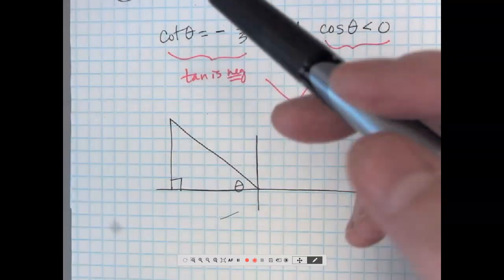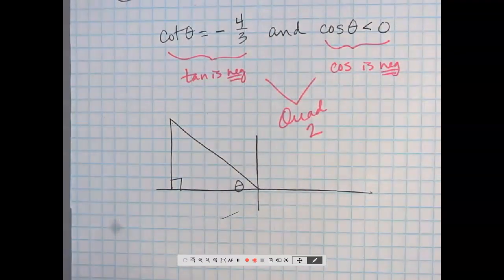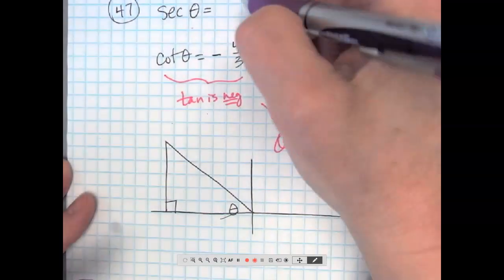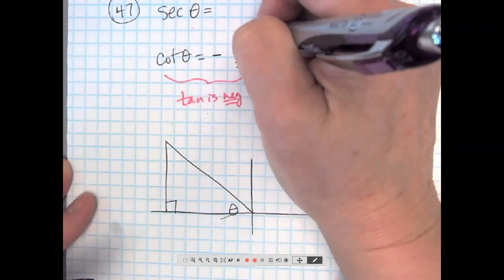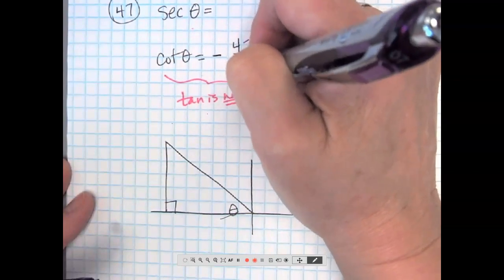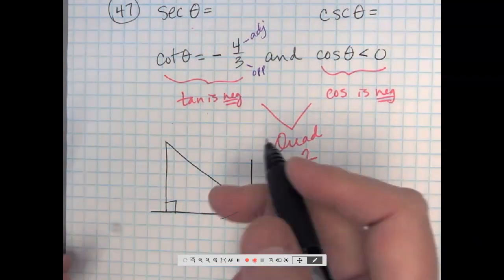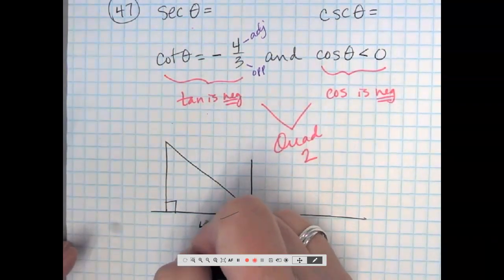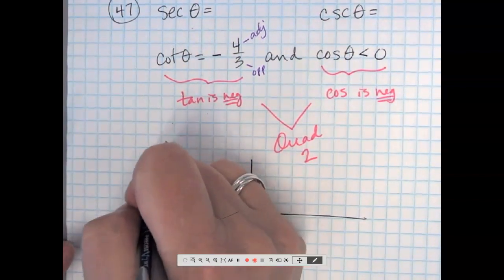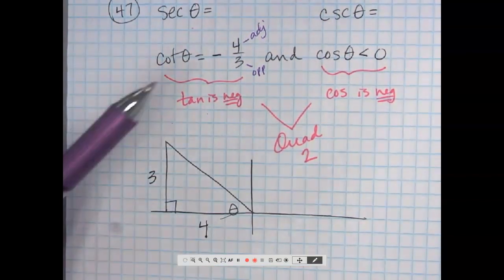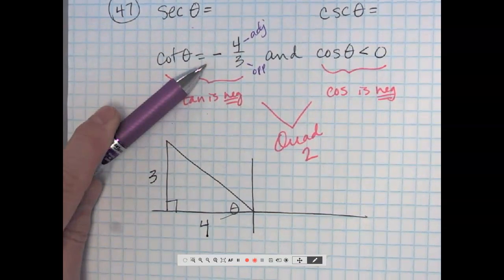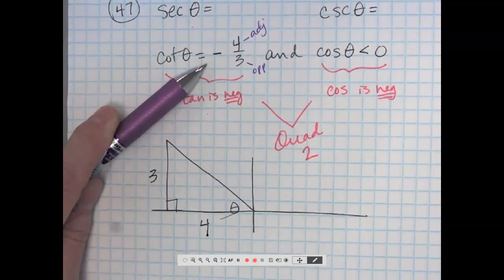Okay, so now let's go back to this. Cotangent is adjacent over opposite. Okay, considering which quadrant I'm in, I'm just going to go, okay, adjacent is 4 and opposite is 3. Then I'm going to figure out where this negative goes. Does the negative go with the 3 or the 4?